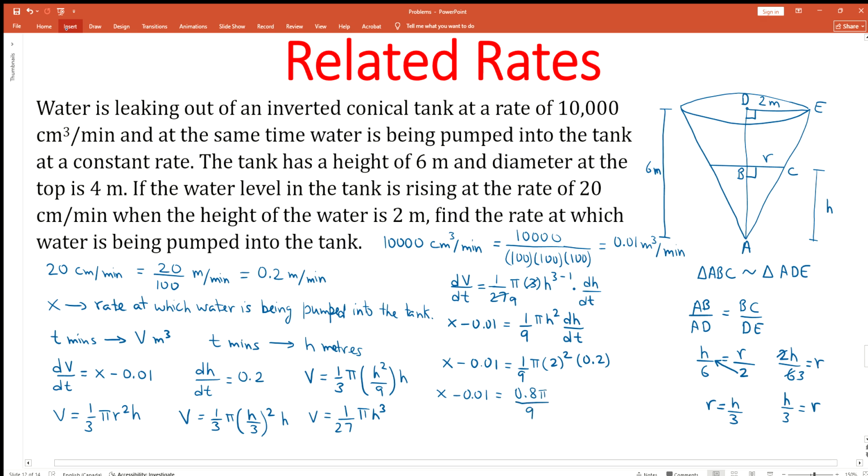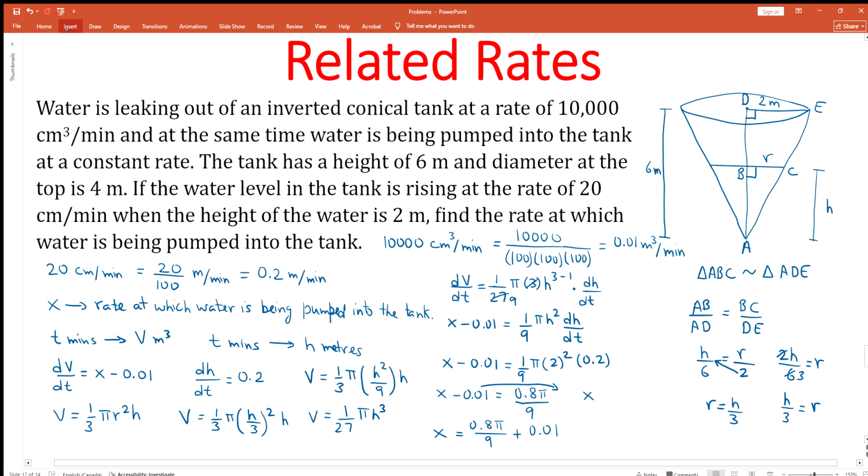Next, we can move negative 0.01 to the right side of the equation. To isolate x on the left side, I get x equals 0.8 pi over 9 plus 0.01. We can evaluate this expression.